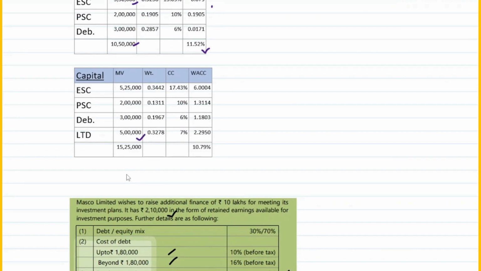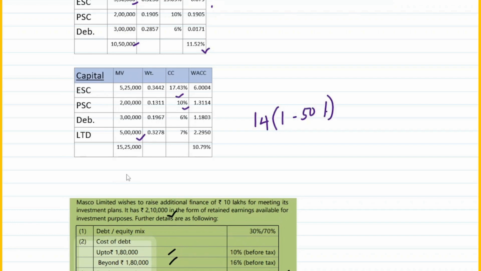And for the cost of capital, what happens? I am putting the revised KE here. Preference share capital and debenture have the same one, whereas long-term debts have a 14% interest. After tax, it should be 7%, right? So 7% interest.